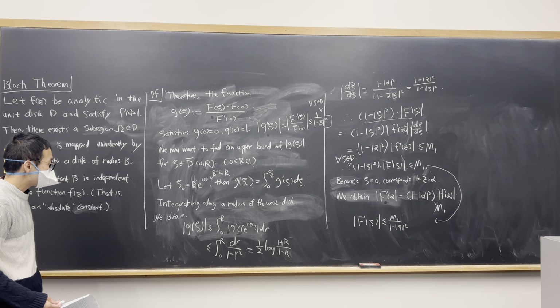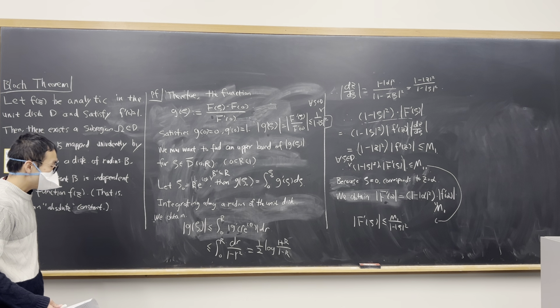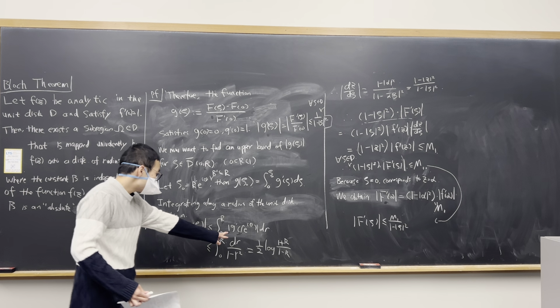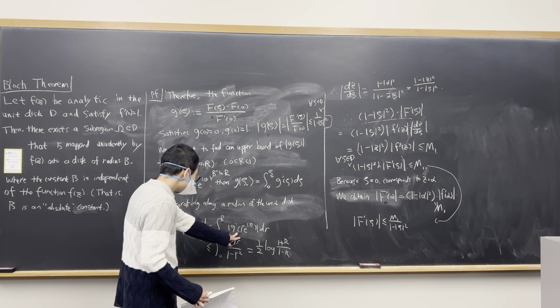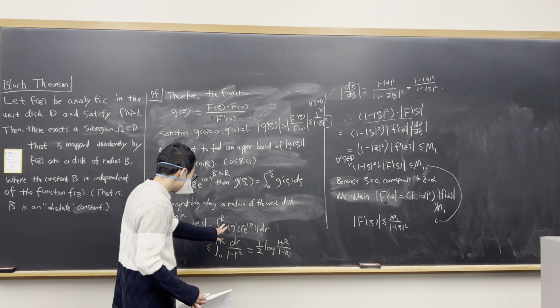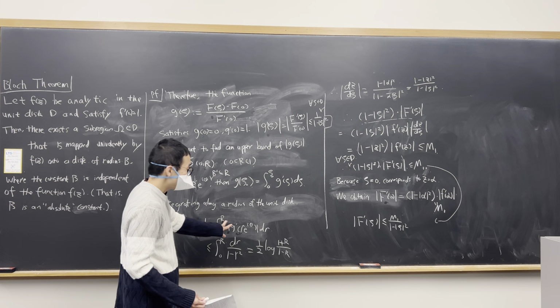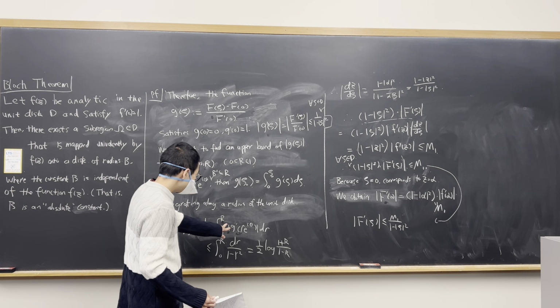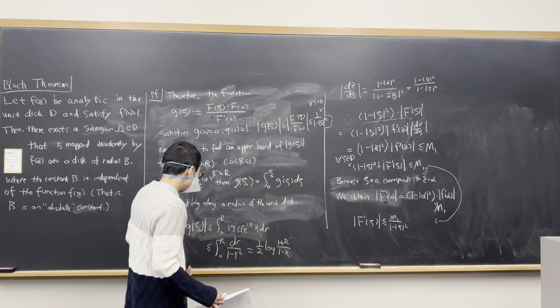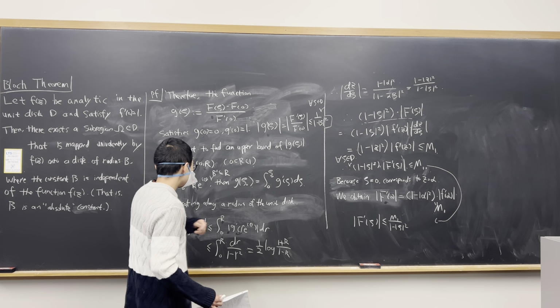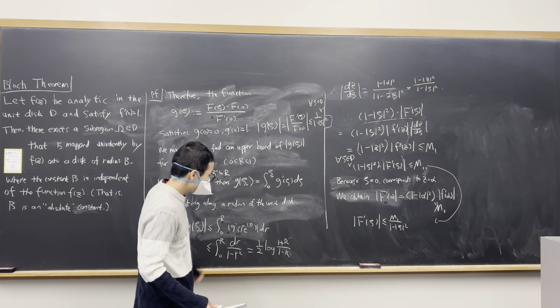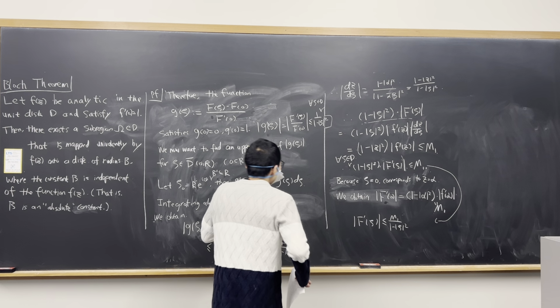If you have this r prime, you just replace, this is all positive, and then you integrate from 0 to r prime, which should be less than or equal to the integral from 0 to r, because r is bigger than r prime.